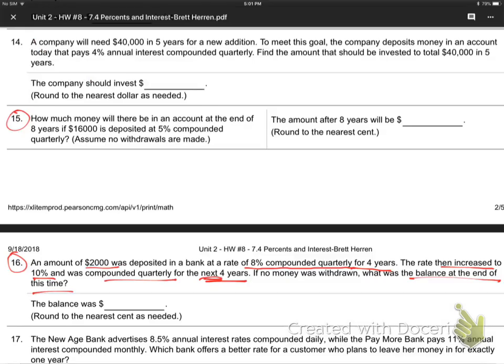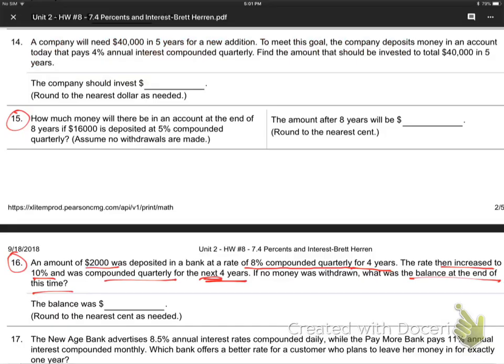So I'm going to rewrite this. So we have 2,000 at 8% quarterly for 4 years.